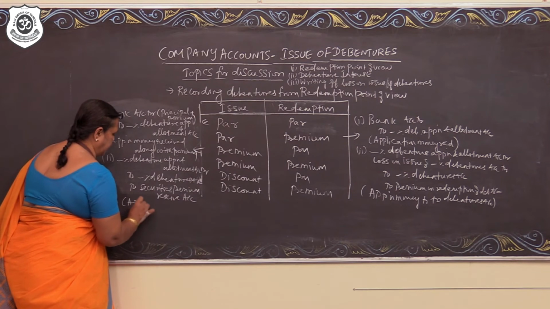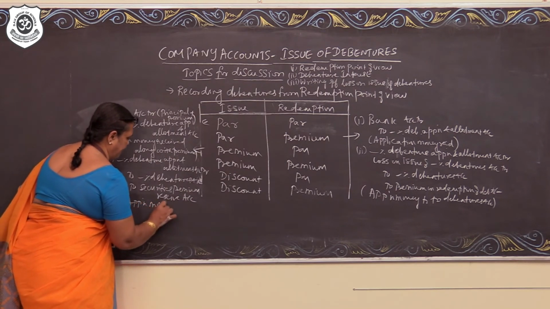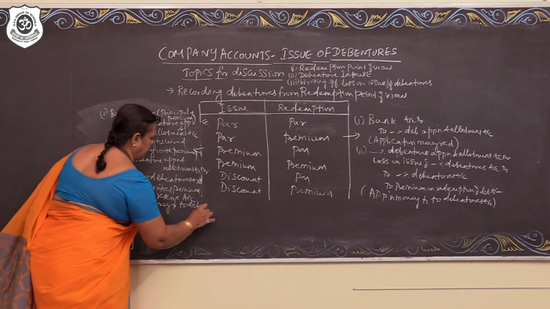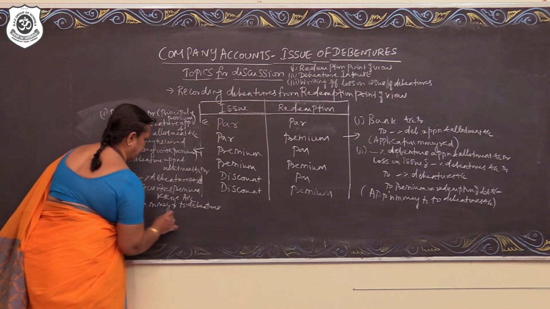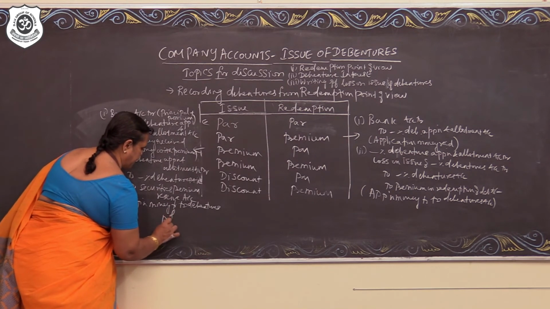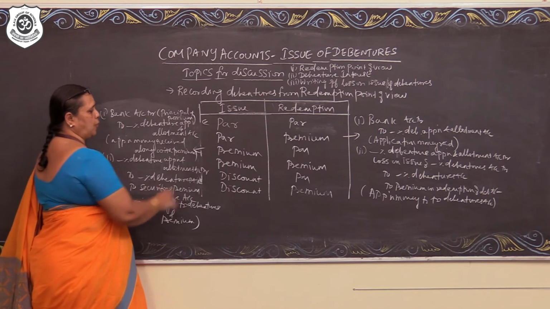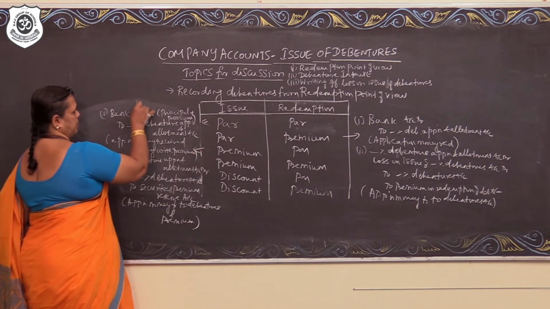Application money transferred to debentures and premium. So this is for case 3.